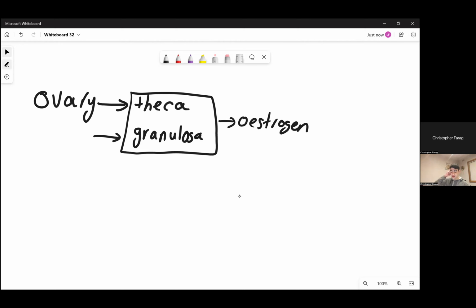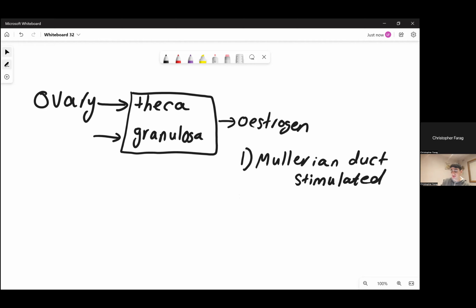Once we have high levels of estrogen, we have a number of processes that start to form. One, the Müllerian duct becomes stimulated. And this is then going to cause a cascade of events that cause differentiation into structures of the female reproductive tract. We're going to go into that in a second.